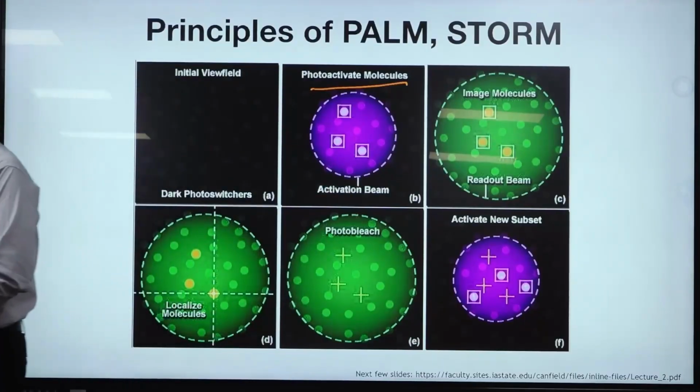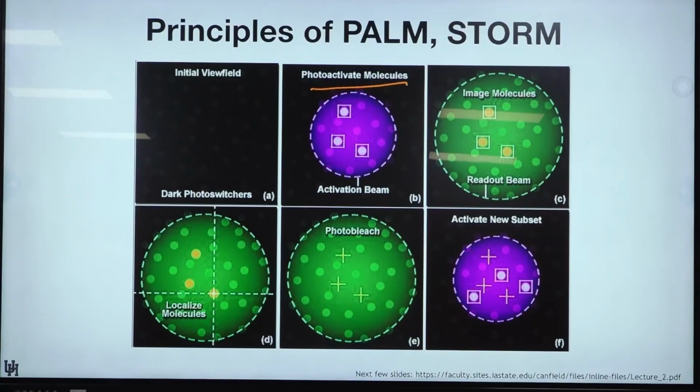So you can get the location of all these emitters, and then you turn off those molecules in some way. After you do the localization, you know the exact location, you do photobleaching. That was one of the things that they invented: turn them off, then again activate, and a new set of dots turn on, and then you find the location of them, and repeat this. Instead of doing it once, you keep doing this over and over again.